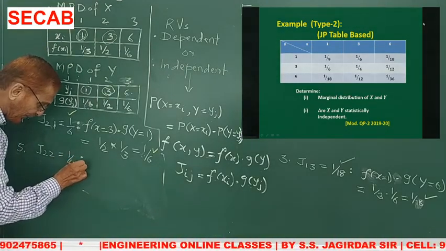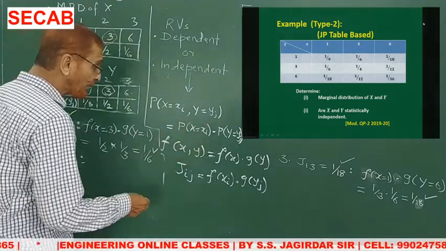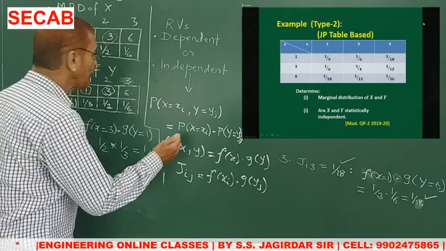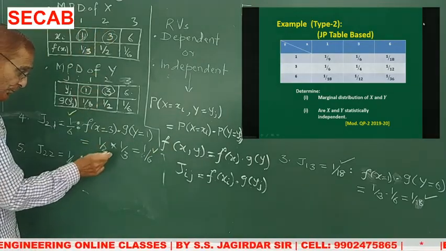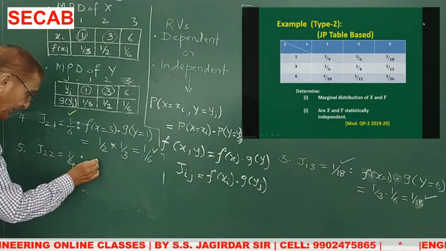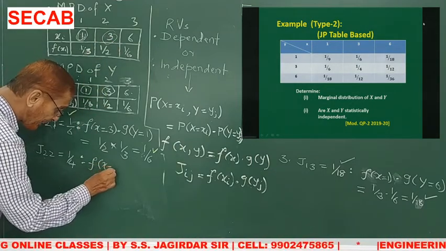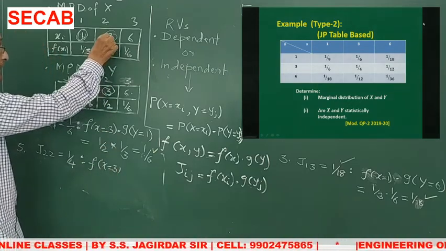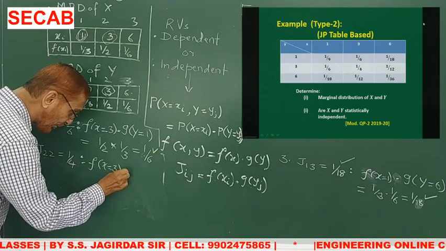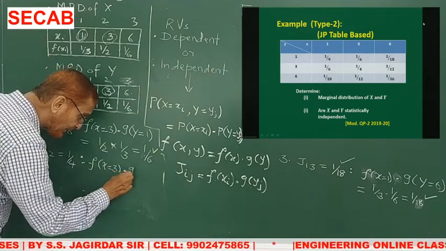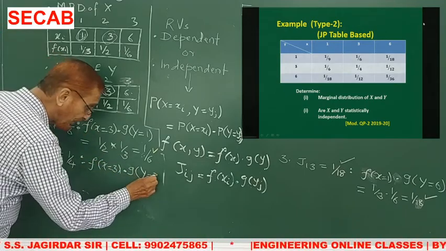Now we will go to the other side of the definition, that is the product of the individual probabilities. Here f of 2 means x is equal to 3, and g of y means y is equal to 3.